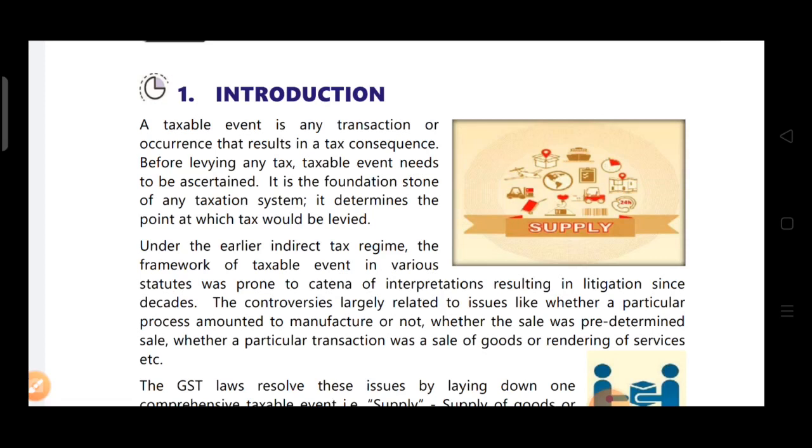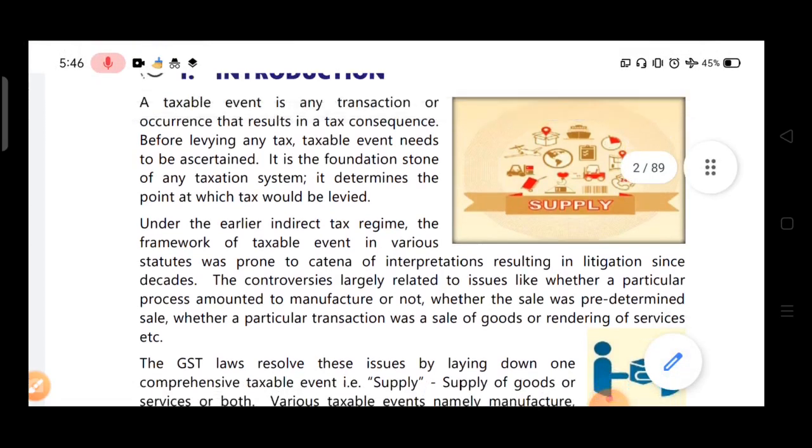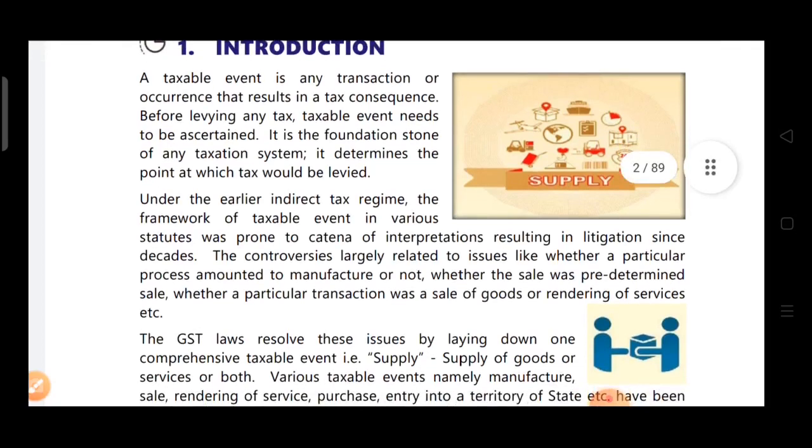Suppose a transaction has taken place between the parties, so you need to understand at what time and at what place that event will be taxable, whether CGST, SGST or IGST will be imposed, and then what rate will be there. So it is necessary to determine the point at which tax would be levied.